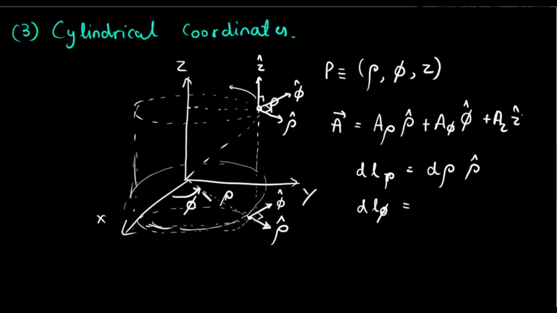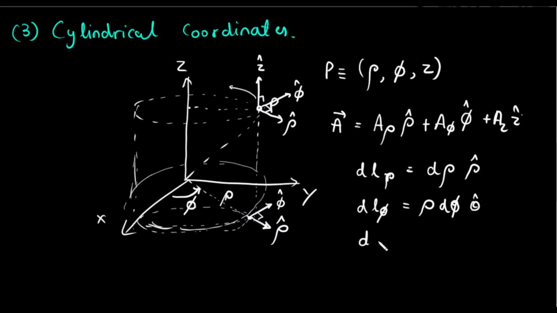So now when it is changed a little bit, that means it is changing with the radius as well. So that means rho d theta, it's just like a circumference. So rho d psi hat. So this is the infinitesimal displacement along psi hat direction.